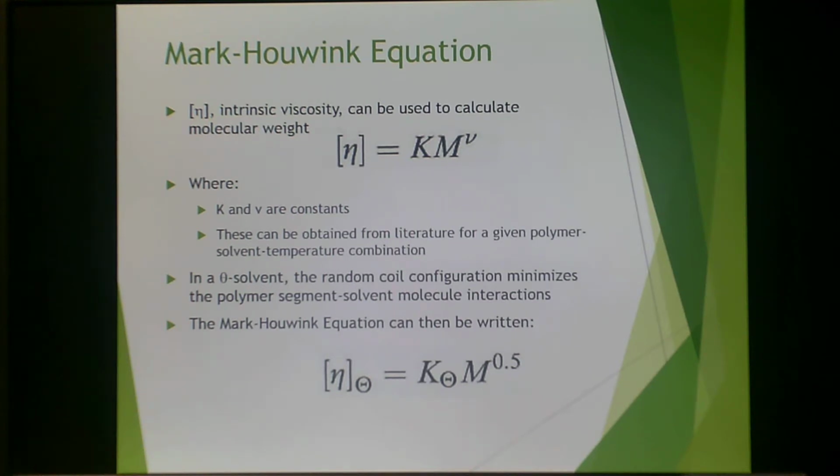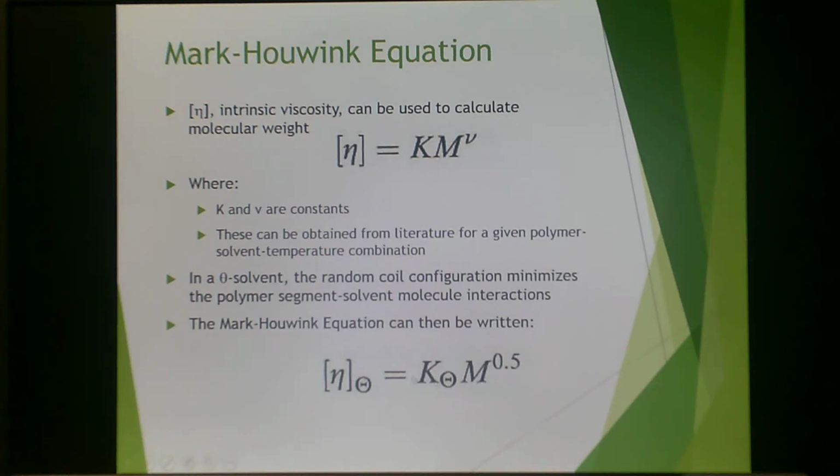We can use the Mark-Houwink equation to relate intrinsic viscosity to molecular weight: eta equals K M to the v. K and v are both constants that are obtained from the literature for a given polymer, solvent, temperature combination. In other words, in the theta condition. If you do have a theta solvent, and the random coil configuration minimizes the polymer segment molecule interactions, you can rewrite the Mark-Houwink equation this way.